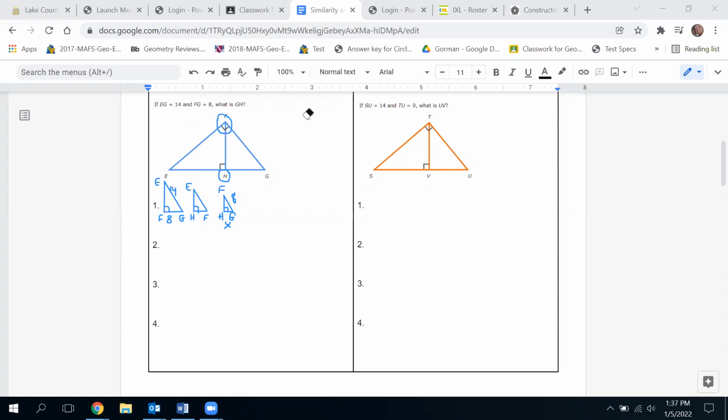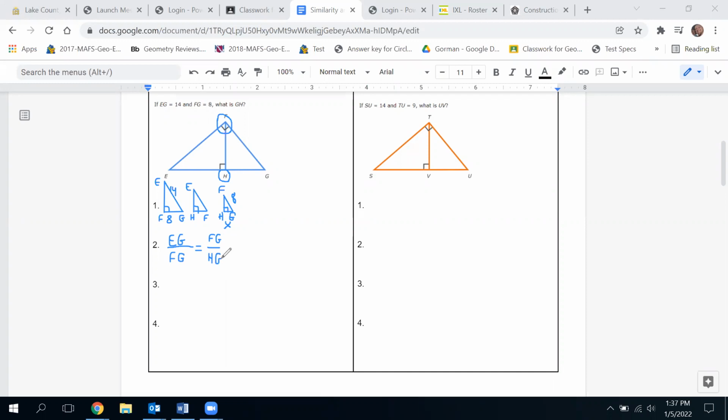All right. As I was saying, we'll set up the proportion with the corresponding side. So the hypotenuse EG over the hypotenuse FG equals the shortest leg FG over HG.